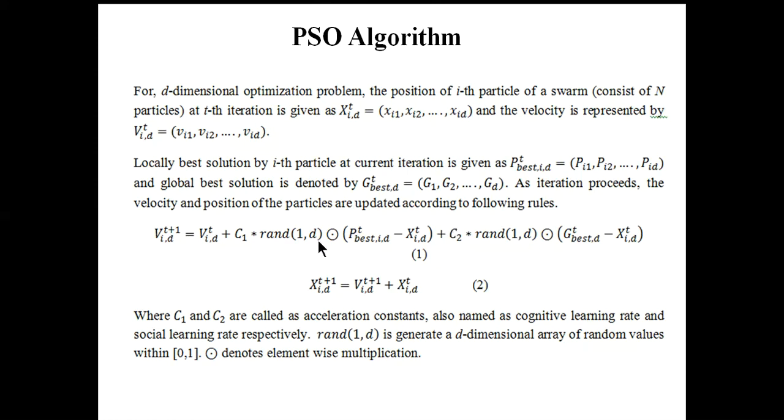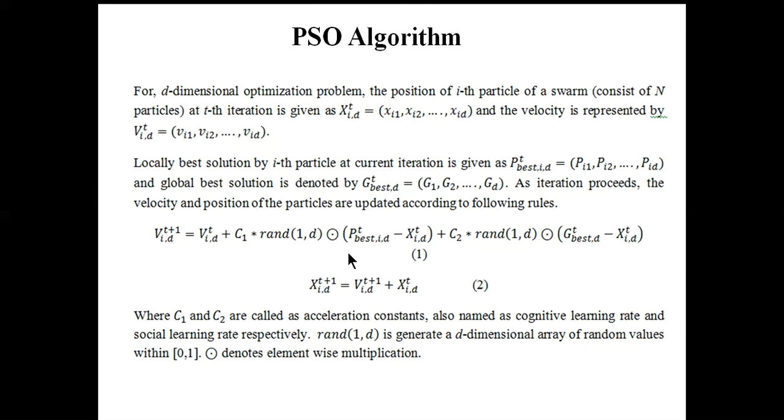If you want to move with a higher step, we will use very high values of C1 and C2, but if you want to move very slowly, then we'll consider lower values of C1 and C2. C2 corresponds to the social learning rate, as it corresponds to the globally best solution. Obviously the global best solution corresponds to the information of the whole swarm, so that's why I call it the social learning rate.